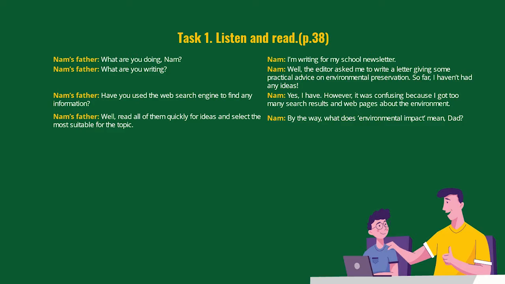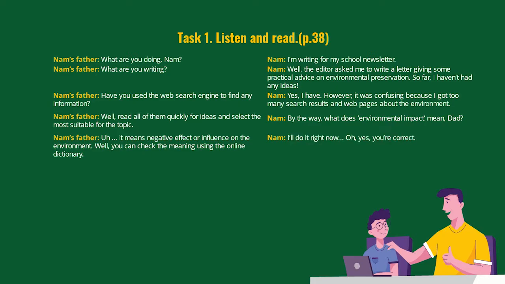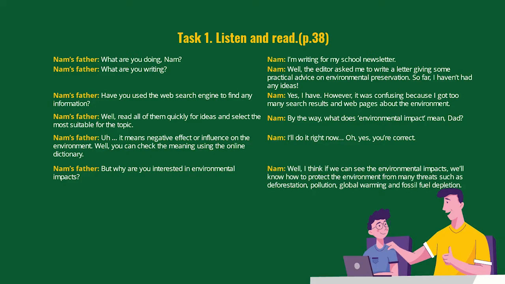By the way, what does environmental impact mean, Dad? It means negative effect or influence on the environment. Well, you can check the meaning using the online dictionary. I'll do it right now. Oh, yes, you're correct. But why are you interested in environmental impacts?